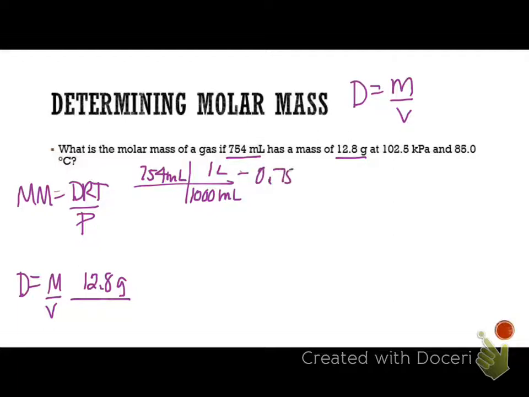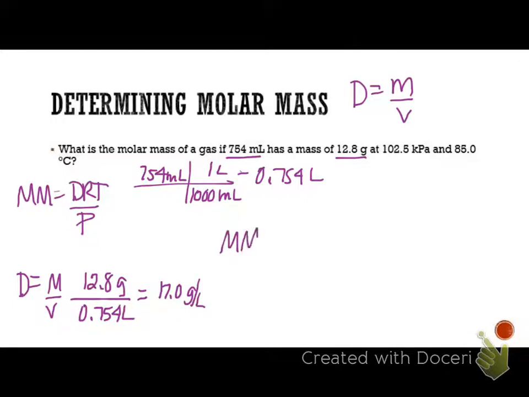So it's 0.754 liters on the bottom. So we do that and we get a density of 16.98, but if we use correct significant figures, it's going to be 17 grams per liter.